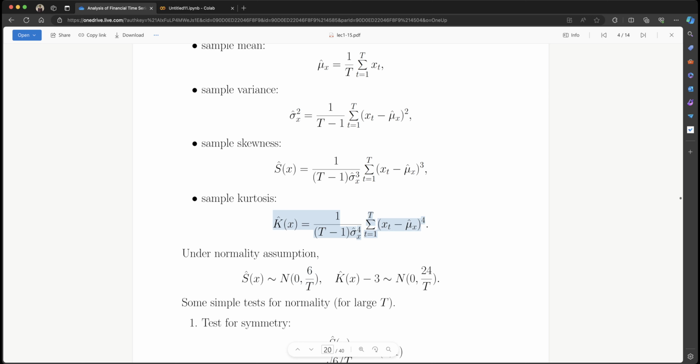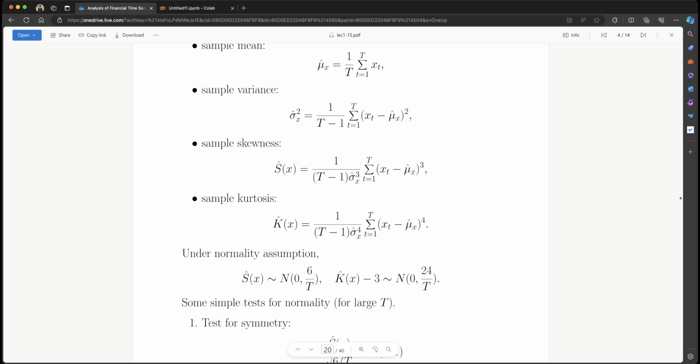Under normality, this excess kurtosis converges to a normal distribution with mean 0 and variance 24 divided by T. T is the number of data, so we assume it is very large.